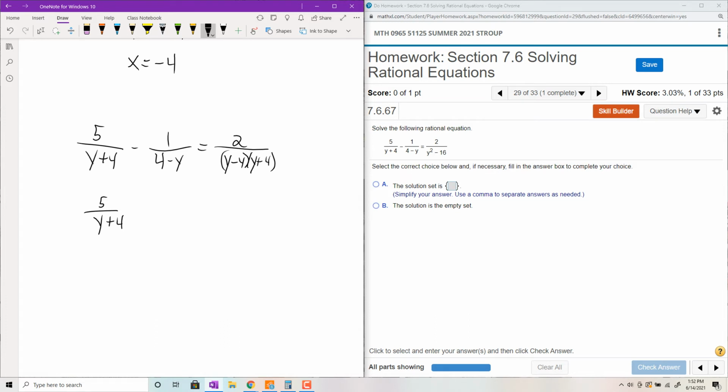So change the minus to a plus, and then rewrite 4 minus y as y minus 4. Okay. Then our LCD, and so on, up here on the top left. LCD, y plus 4, and then a y minus 4. Okay. And then restrictions, so you're setting denominators equal to 0.